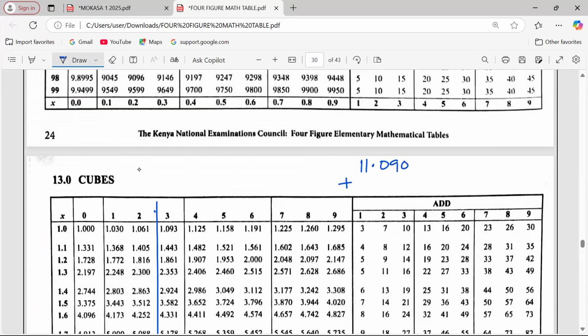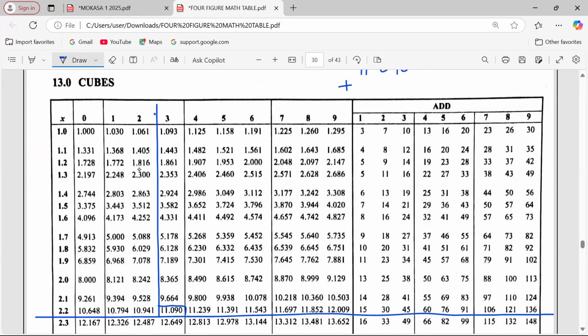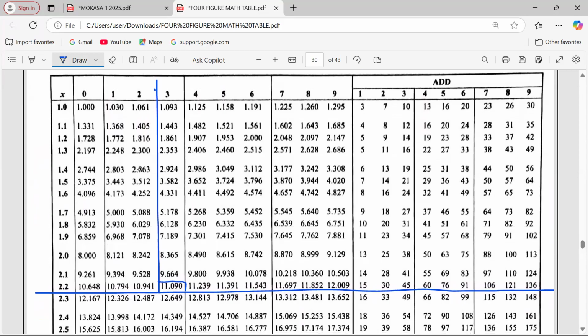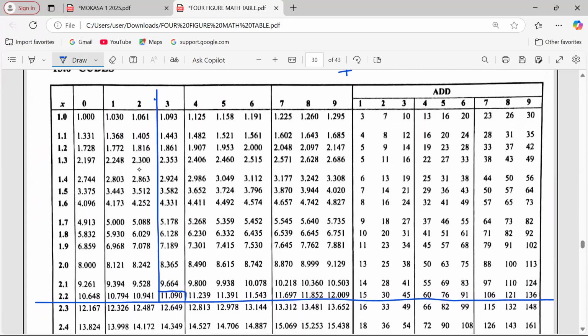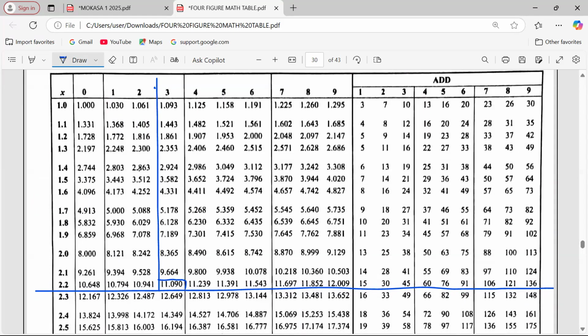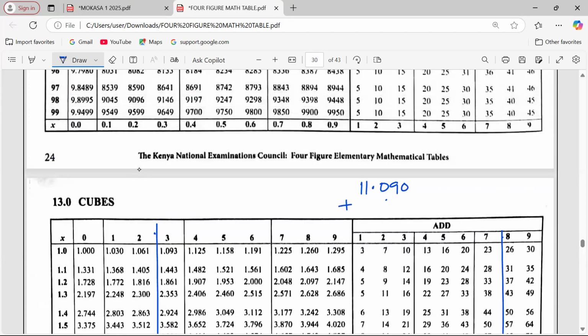Then we add. Now on the column for addition, we have to go to the column that contains 8, and we read it down here. 1 to 1. So we bring it here. 1 to 1. So we will be having a 1, 1, carry 1.